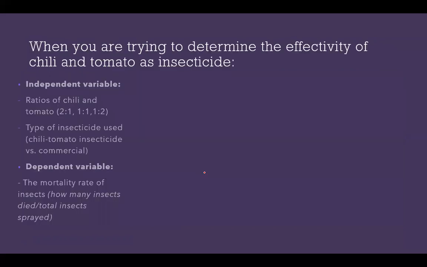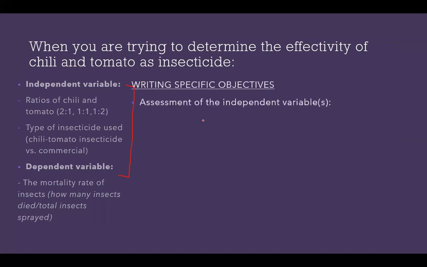So when you're trying to determine the effectivity of chili and tomato as insecticide, giving an example, you have here the independent and dependent variables. Let's try to write the specific objectives for this. Since there are no respondents, that part is not needed. The independent variables are the ratios of chili and tomato and the type of insecticide used.